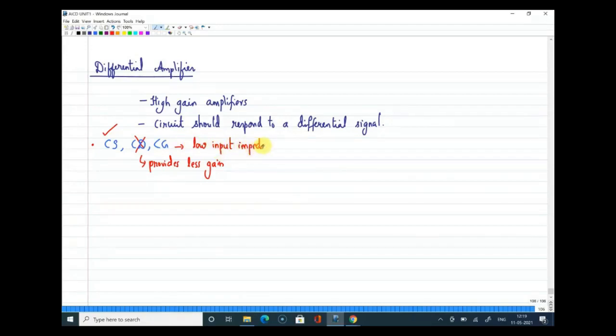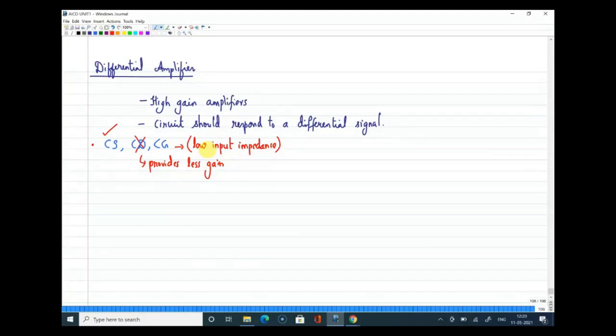Because if you remember, when we spoke about input impedance in common source and common drain, we never spoke about it because the input is directly given to the gate, which provides a very high input impedance. But in the case of common gate, the input impedance was very low. It is approximately equal to 1 by gm. So if we are using CG, we have to take additional care to see that the input impedance is boosted. But as of now, we are not looking at that option.